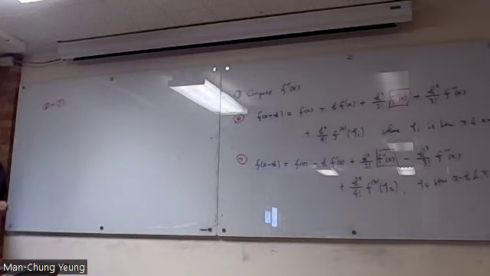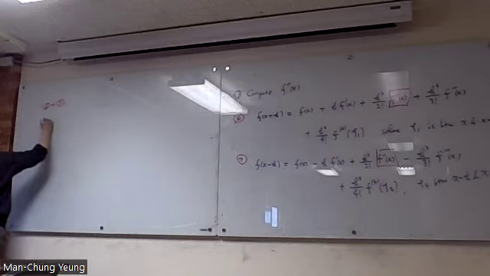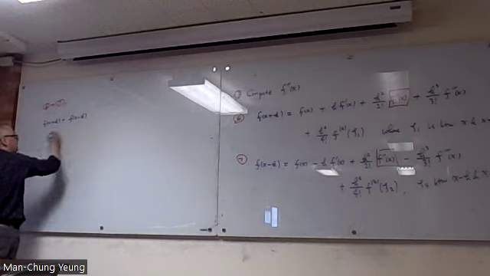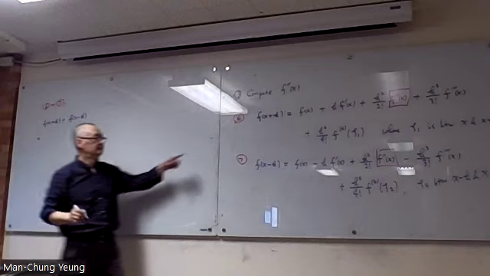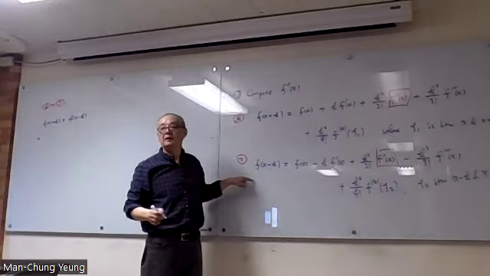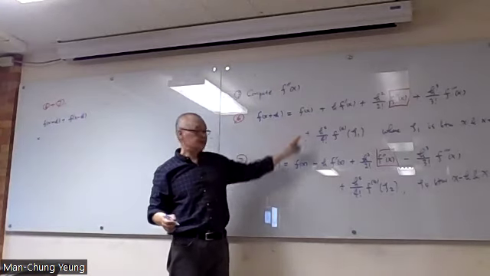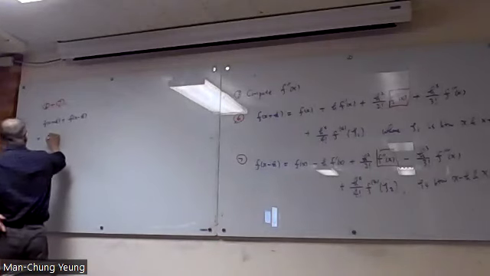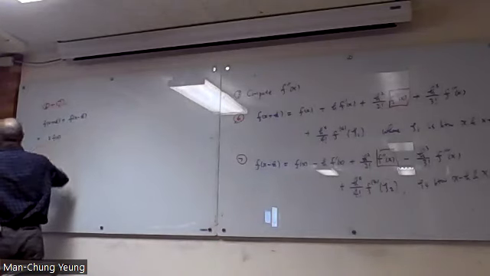The left hand side is f of x plus h plus f of x minus h. The right side: f of x plus f of x is 2f of x.